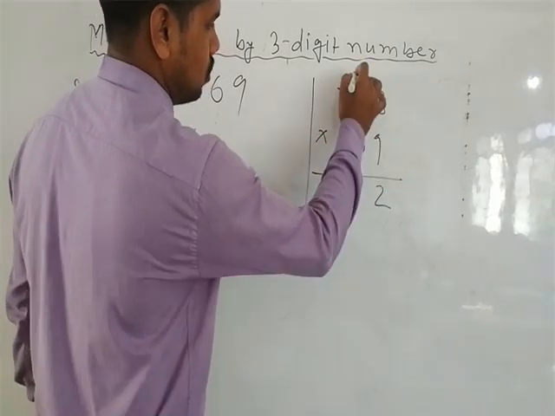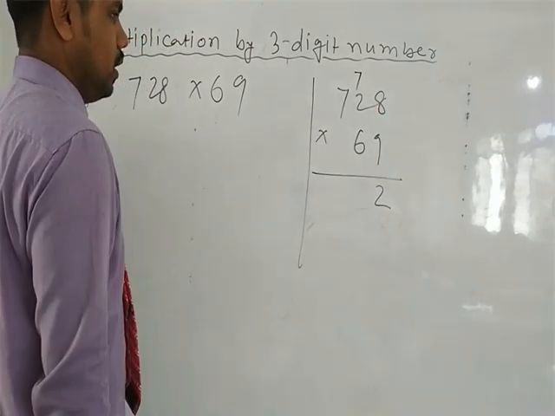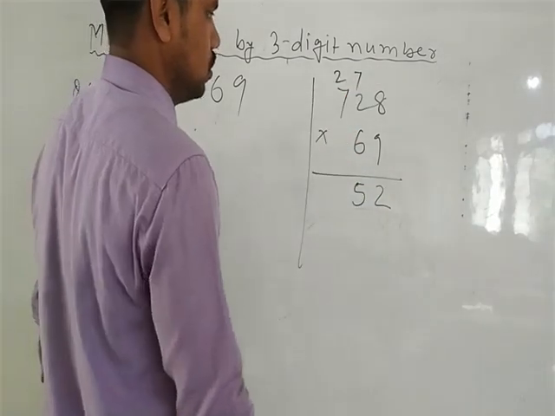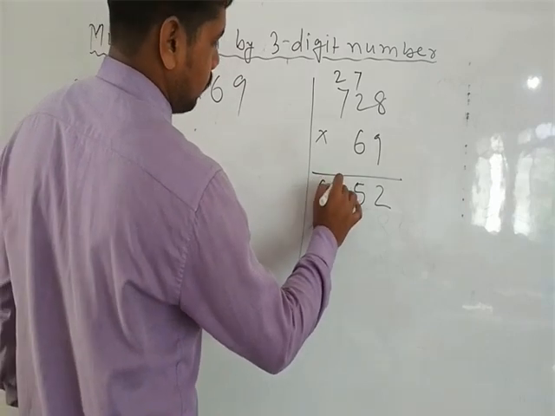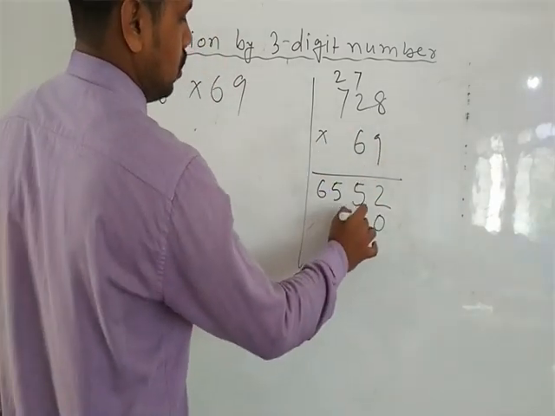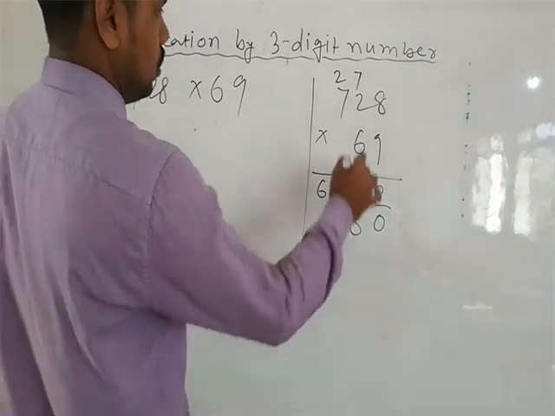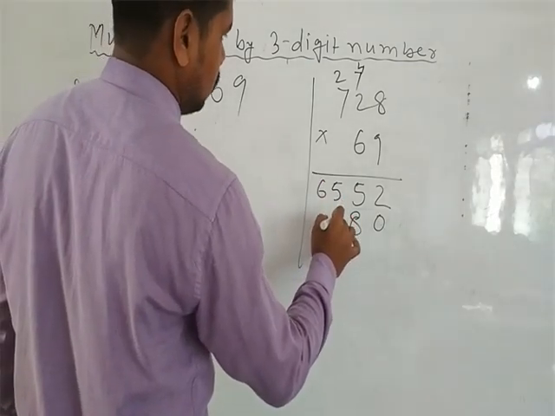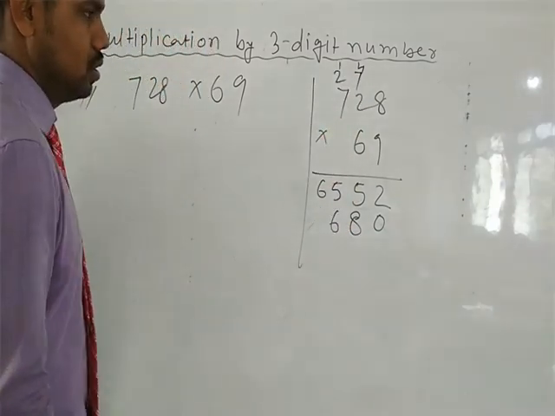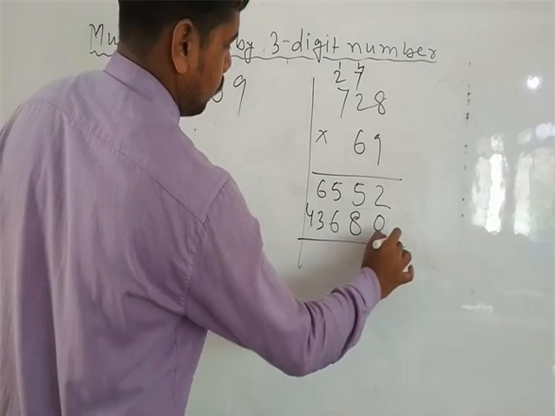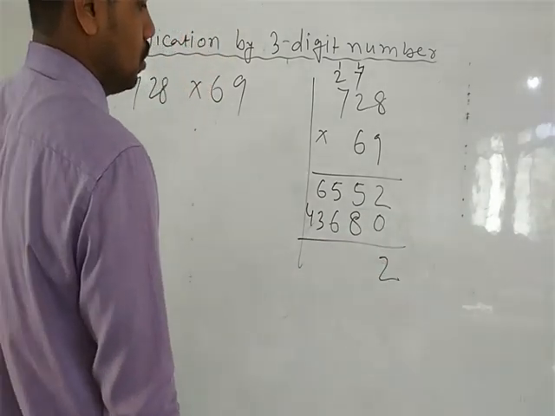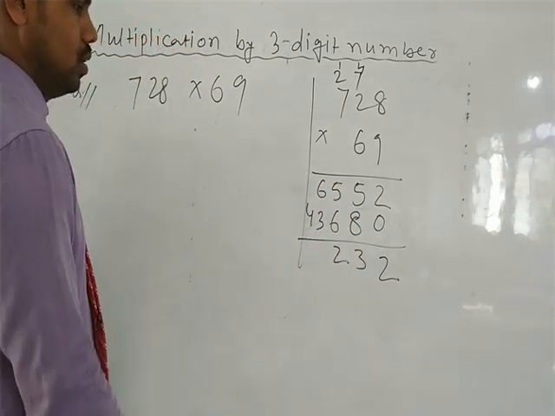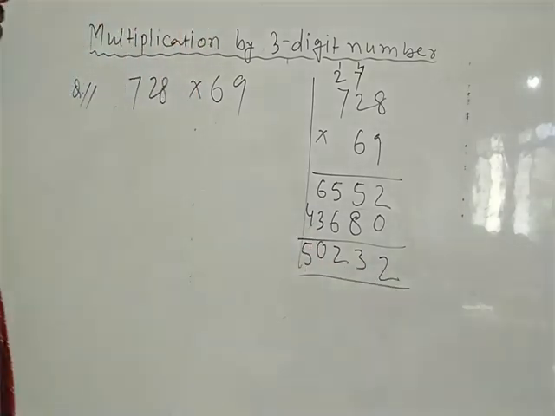72, 2 9s are 18 plus 7, 25, 2, 9 7s are 63, 65, 0, 8, 4, 80, 16, 1, 43, 2, 8 plus 5 is 13, 3, 12, 10, 5, 50232.